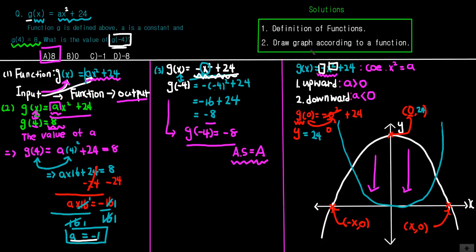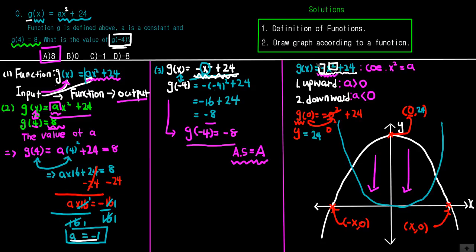And now we can talk about the forms of the parabola. The definition of the parabola is that it is the set of all points that satisfy this equation right over here.